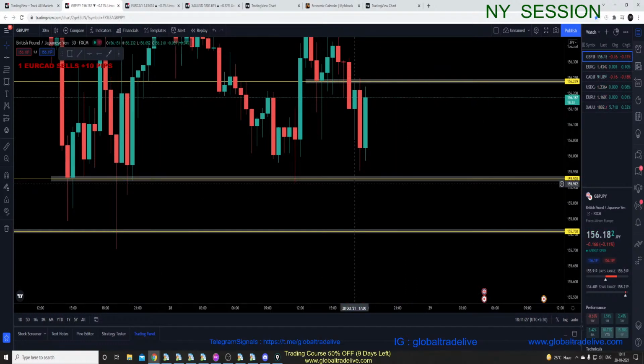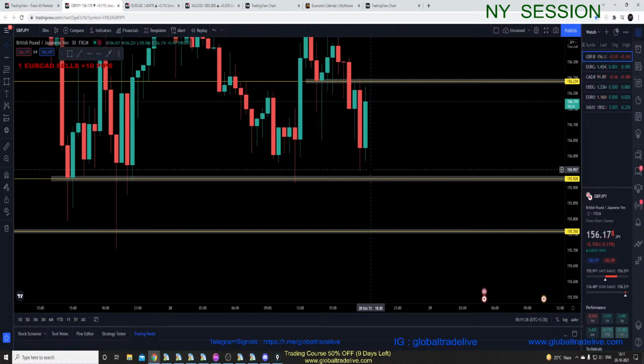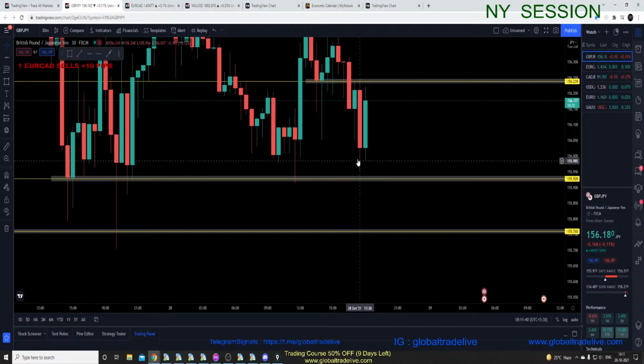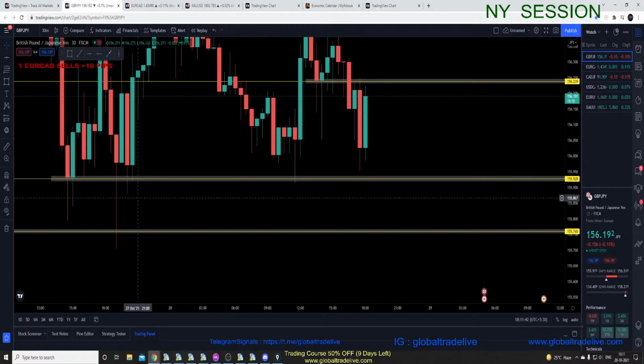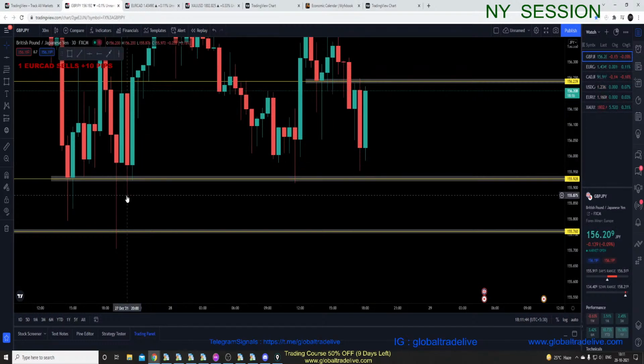But in case a candle still has 20 minutes left to close, and we are still waiting for it to break and close below this area, then if that candle passes down this wick over here, 155.875, I am gonna take the trade at that point.